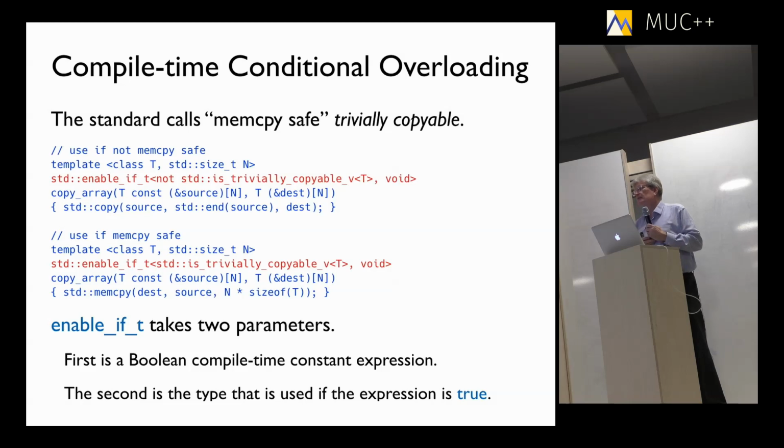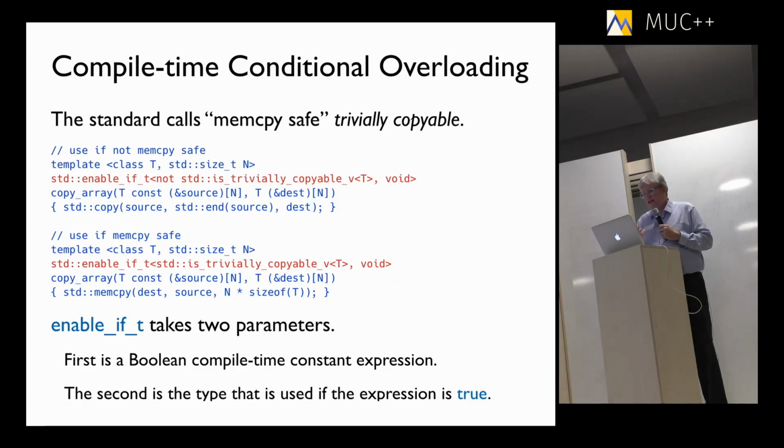If it's trivially copyable, it means you can memcopy it. That's what that means. And that is a property of types, and so we can ask that. That was one of the things in that big long list of type traits. Trivially copyable was one of them.